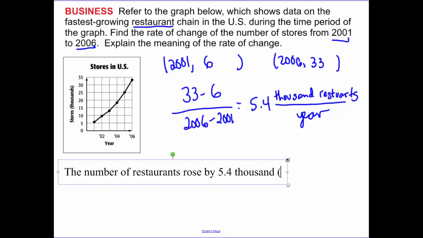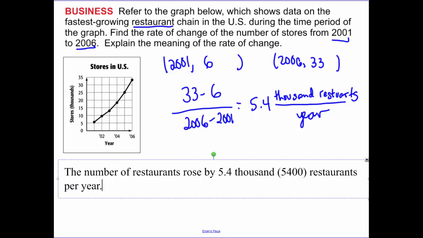If you want, you could put 5,400, because that's 5.4 thousand restaurants per year.